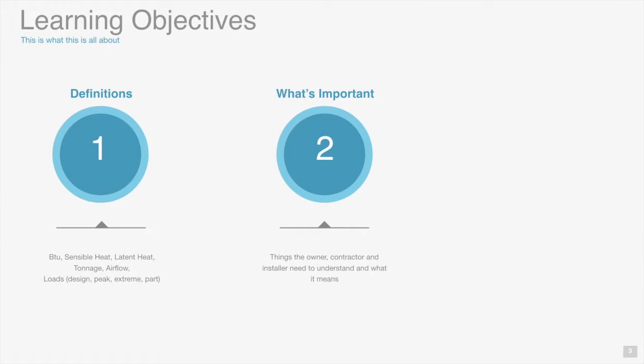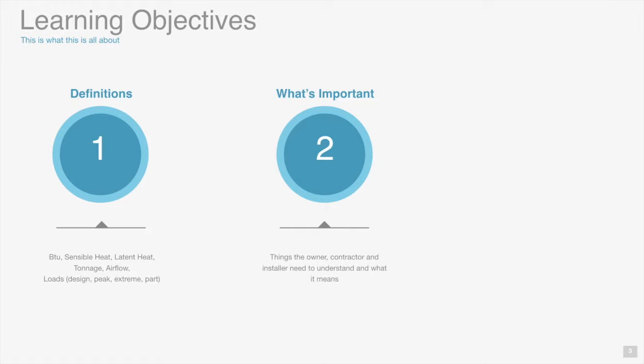So, what are our learning objectives for today? Well, first off, we're going to be basically defining all the different terms that you would find in your Manual J report: BTU, sensible heat, latent heat, tonnage, airflow, and what to expect from the loads and what the different types of loads are on the house. Second one, we're going to figure out what's important.